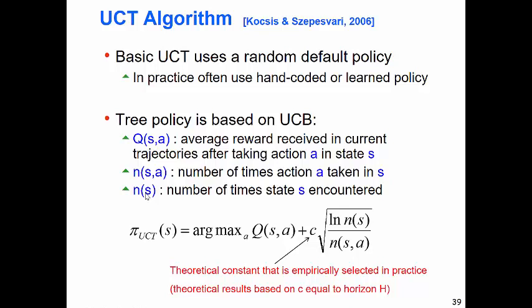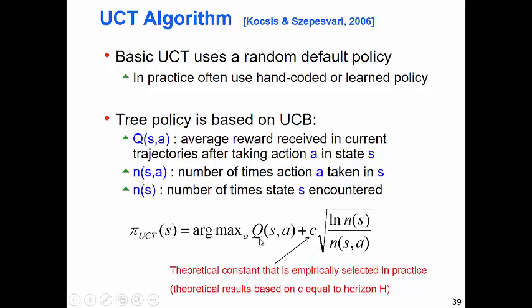If you remember the UCB algorithm, all it kept track of is how many times you have pulled each arm in your bandit problem, how many total pulls you have had, and what's the average value you've seen for each arm so far. That's equivalent to these things. It's just now we're indexing by the state because you're going to have one of these at every single node in the tree. And so the tree policy for UCT at a particular node is just going to implement this.